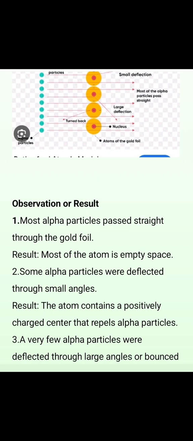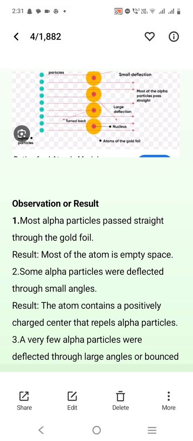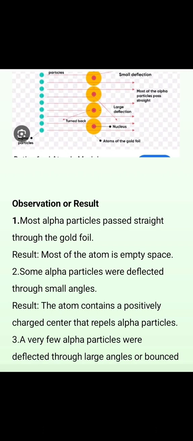And second, some alpha particles are deflected through a small angle. This means, according to Rutherford, that the atom contains a positive charge center that repels the alpha particles. The atom contains a center, a small part which is called the nucleus. You can see that it is a red spot.